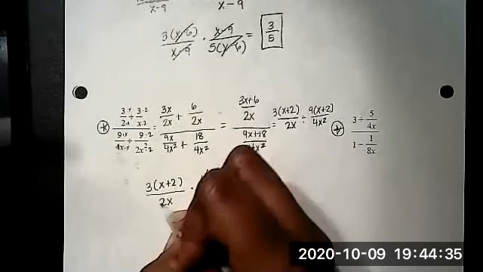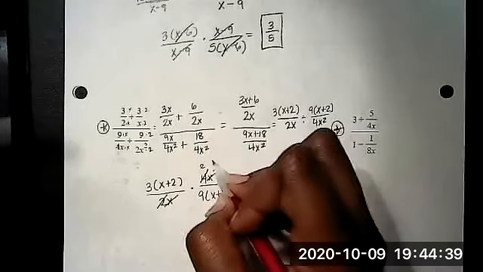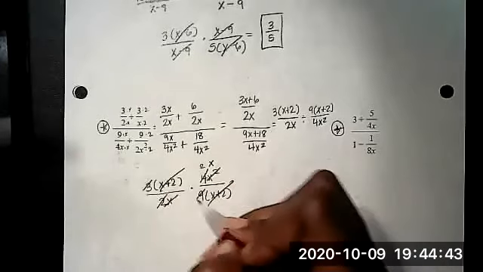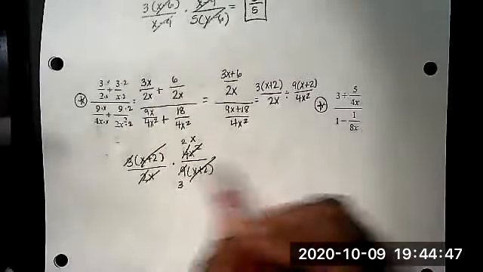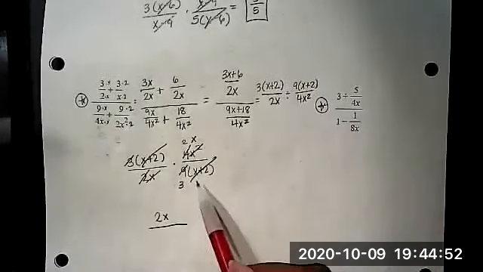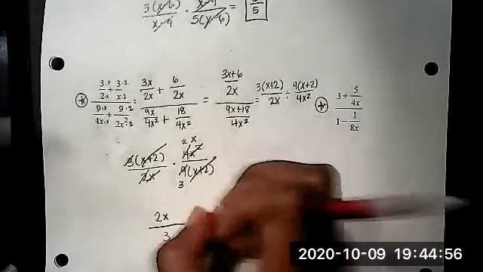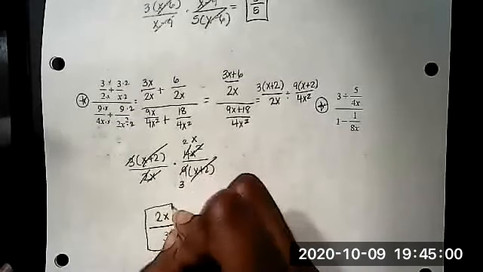Again, the 2 looks like it cancels out there to make that 2. This one cancels out, that just becomes an x. These 2 cancel out. Look at the 9 and 3, they cancel a little bit. Simplify. So now straight across, that becomes 2x over 3, because that's what's left over. Because I'm cross simplifying.